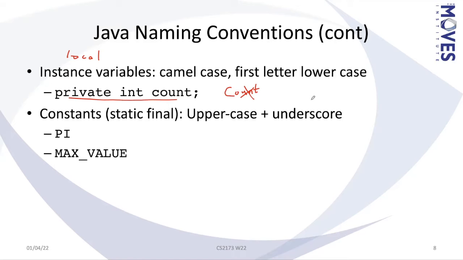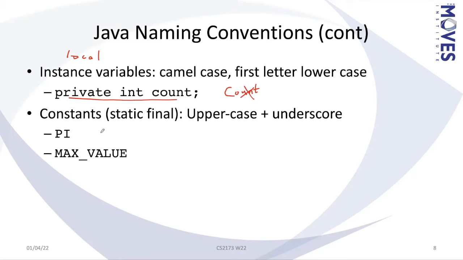However, there are things. Java does not have the concept of a constant. So what it does is it actually has things called static variables. And the convention on those is that they are static and final.